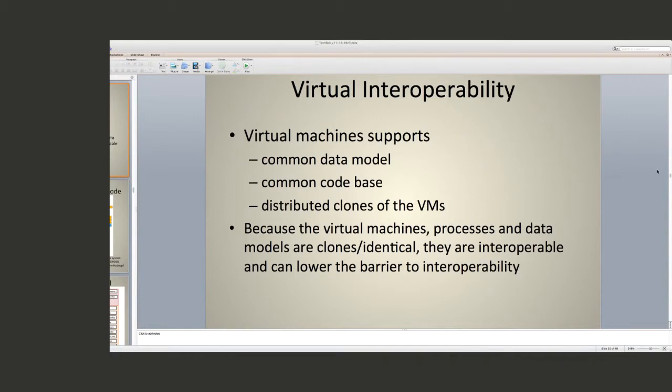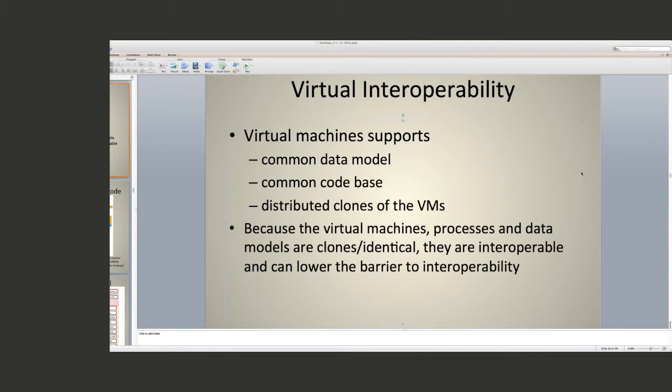In this case of virtual machines, you're creating clones. So in other words, the virtual machines are identical and hence 100% interoperable because they're all processing the data in the exact same way. So it's actually achievable to get a component of that definition of interoperability using a virtual machine.